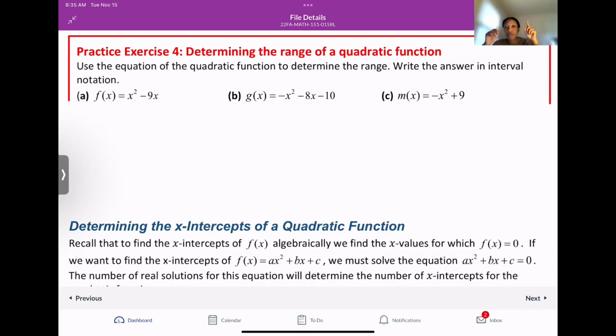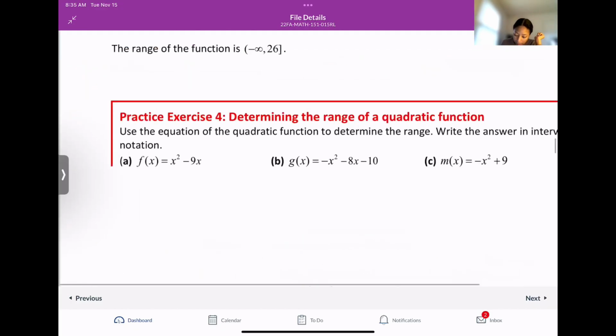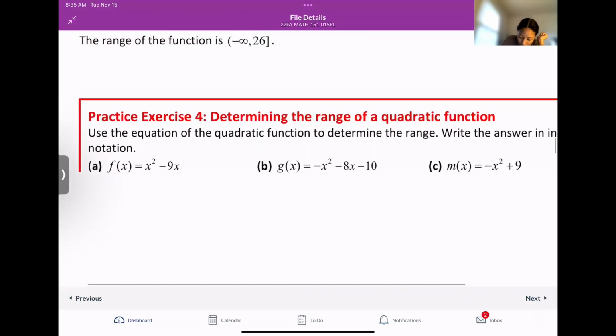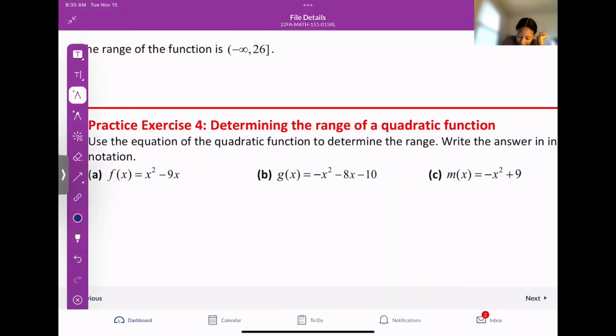To help you figure out what your range should be, you need to determine if your parabola opens upward or downward, and if your vertex is a maximum or minimum. If the parabola opens upward, your vertex is a minimum. Let's say the vertex is the point C comma D. For the range, we are considering the y values.